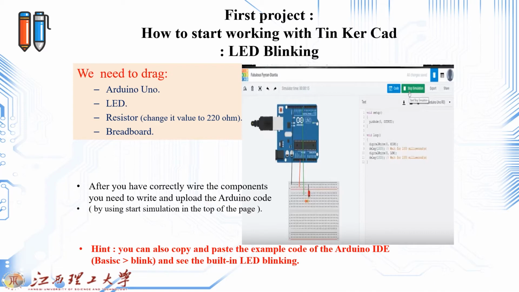After you have correctly wired the components, you need to write and upload the Arduino code. Simply you can paste your code here, and you can also copy and paste an example, as you know, from the Arduino examples. Let us see one demo I have done here for you.